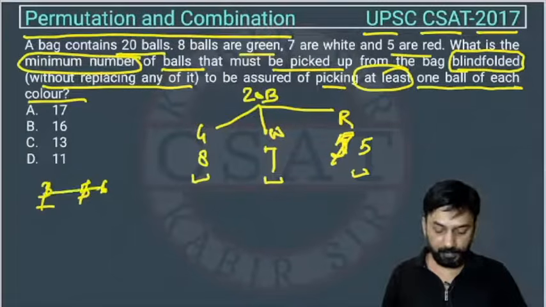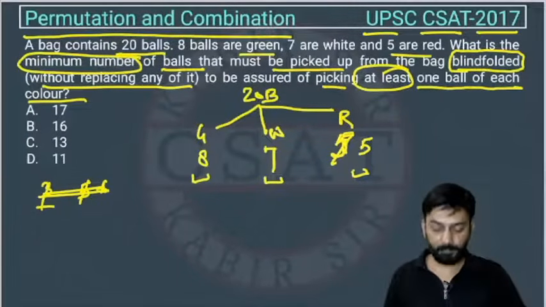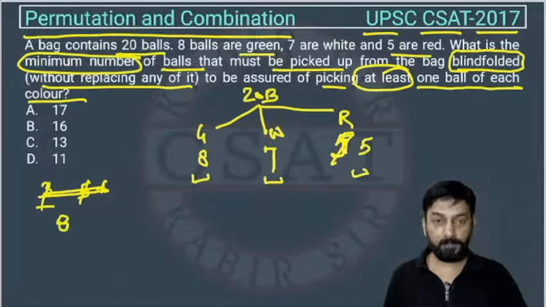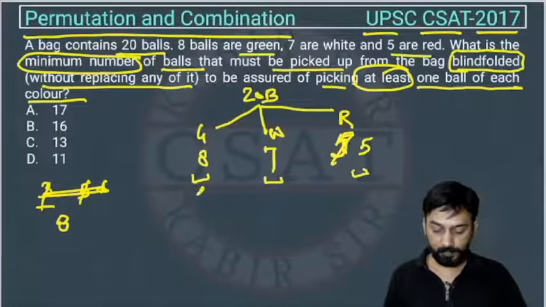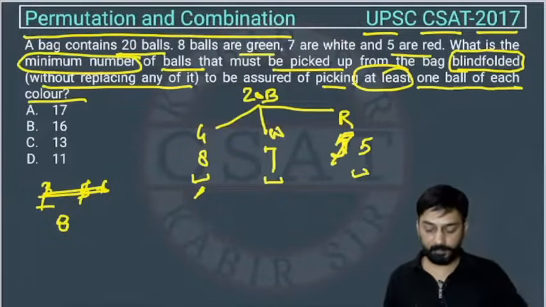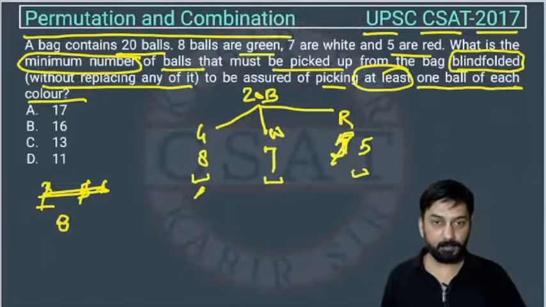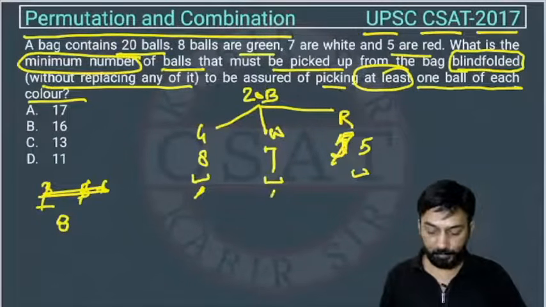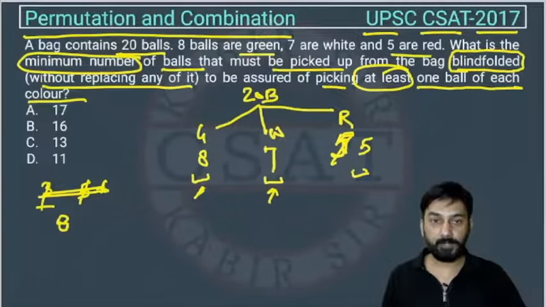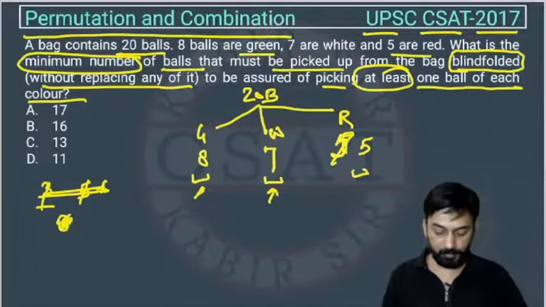So how many balls do we have to pick? See, in these kinds of cases, the maximum will be, suppose we are picking maximum 8, right? If I am picking 8, there may be a possibility that they are all green, or they may also be white and one other ball I have picked. So suppose we are picking 9 now.